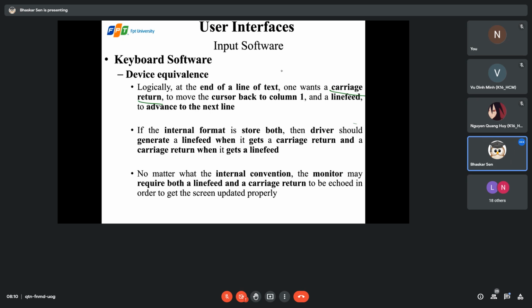For example, carriage return and line feed, to advance to the next line.